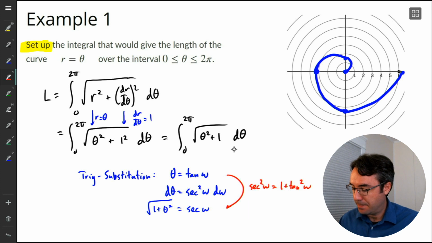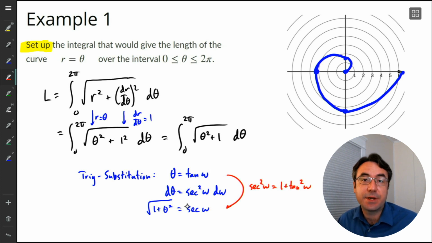All right, so how we would actually do this integration is with a trig substitution. We would go through our usual trig steps: we would have theta, calculate d theta, and then see how that square root term simplified. Oh yeah, one other thing.